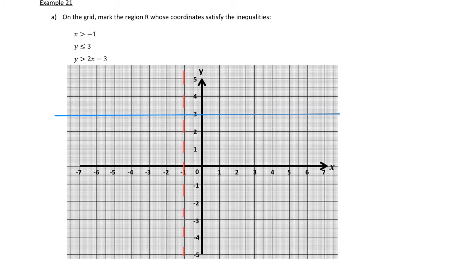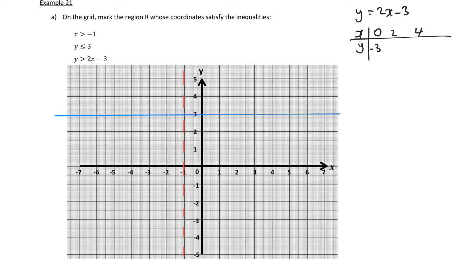And then y is more than 2x minus 3. That's one where we're going to have to think about the table of values. So if we have the line y equals 2x minus 3, and we pick our x coordinates, let's pick 0, 2 and 4. When x is 0, 2 zeros are 0, 0 take away 3 is minus 3.